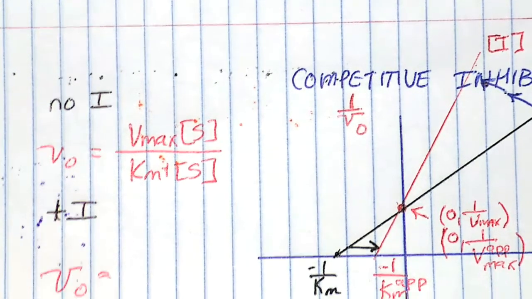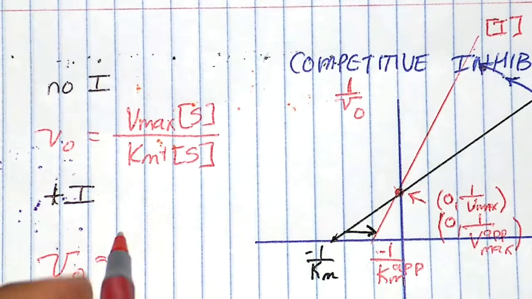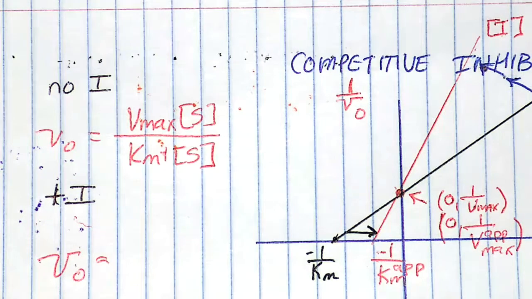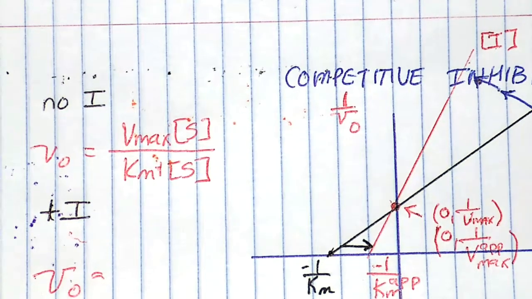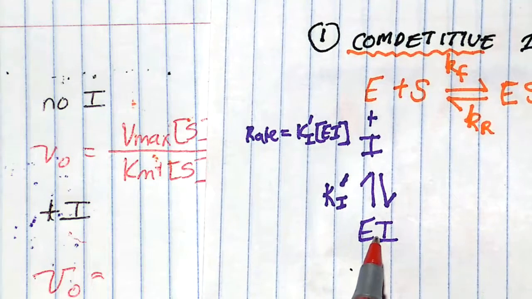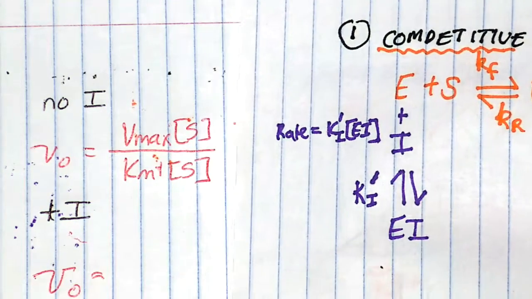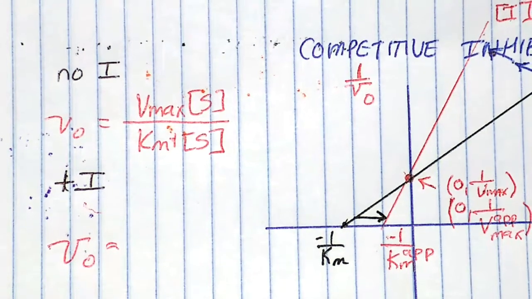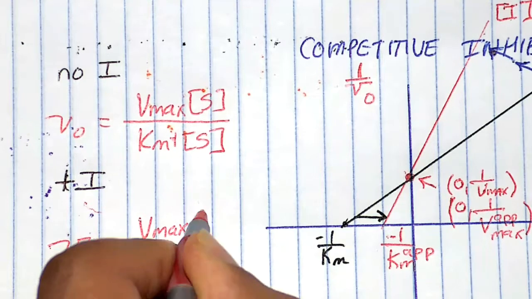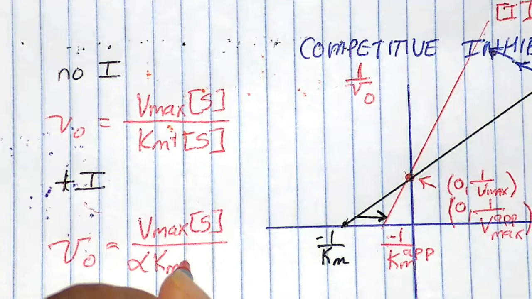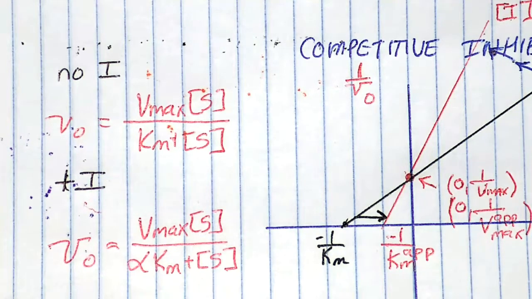Okay, our new V sub O will be changed based upon the concentration of the inhibitor that you added, but also don't forget that it will also be dependent on the dissociation constant Ki prime that gives you free I and free E. So in the presence of an inhibitor, we have V max concentration of S divided by alpha Km plus the concentration of S substrate.